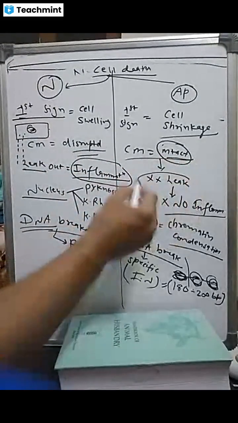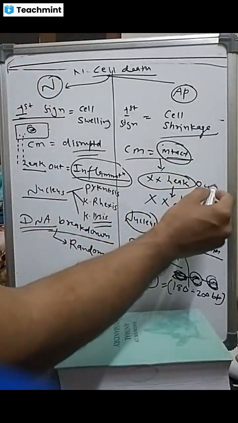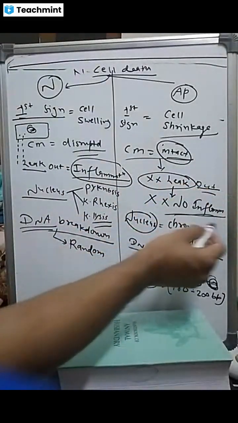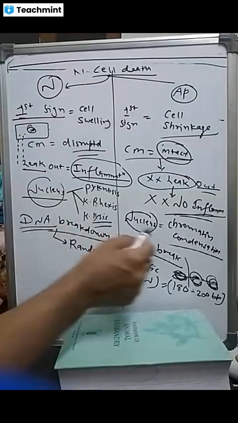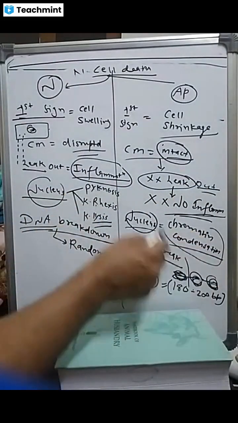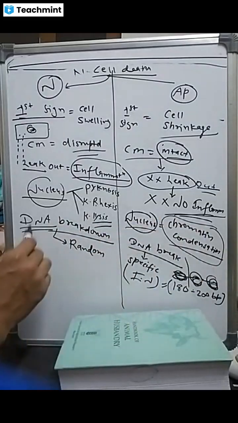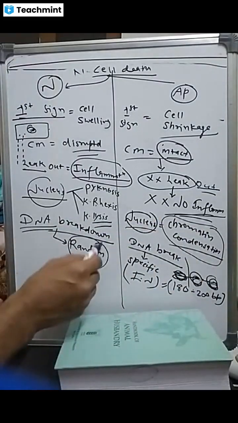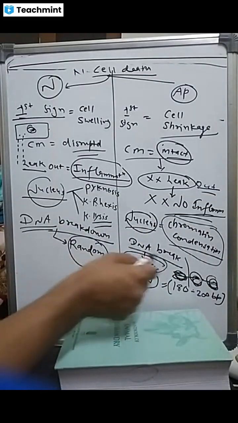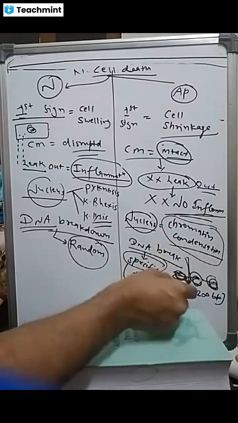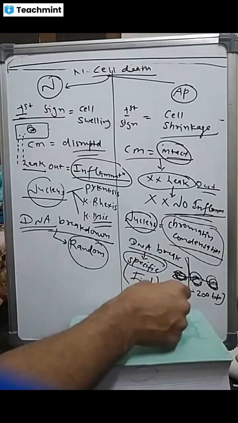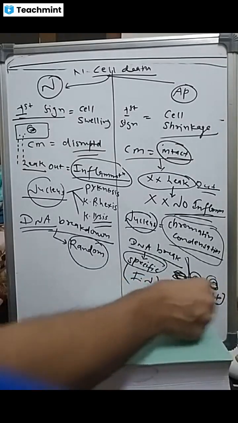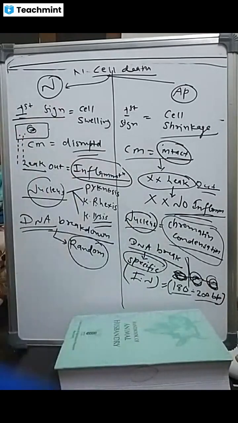Here it is intact, so no leakage of content and no inflammation. Nuclear changes are three in necrosis, only chromatin condensation in apoptosis. DNA breakdown is random in necrosis, but specific in apoptosis, in between the nucleosomes, and the fragments obtained are 180 to 200 base pairs in size.